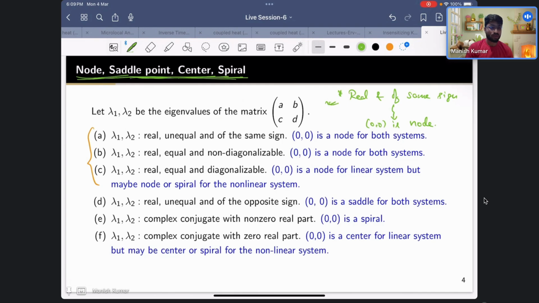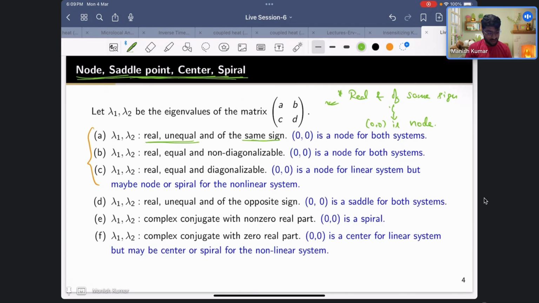Suppose that you have real eigenvalues of the linearized system. If they are unequal and of the same sign, then we know that for the linear system the equilibrium point is a node. But for the nonlinear system also you can say that the equilibrium point is a node.